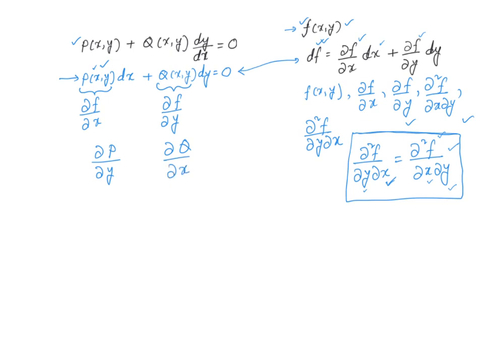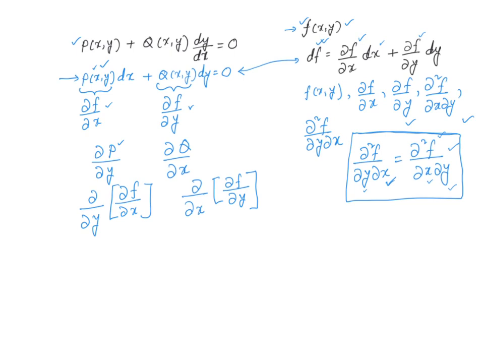P is nothing but del f over del x, so I take del over del y of P, which is del over del y of del f over del x. Similarly, del over del x of Q, but Q, according to our assumption, is del f over del y.